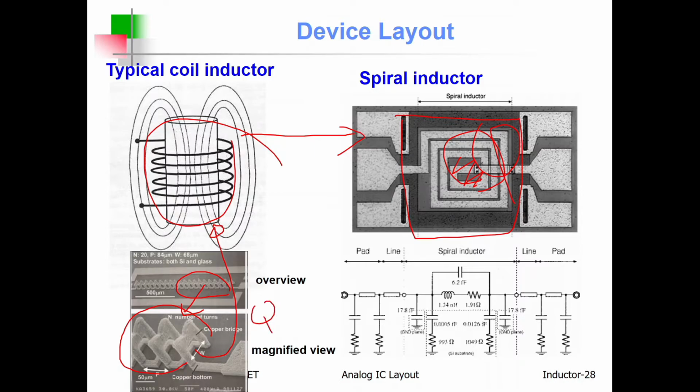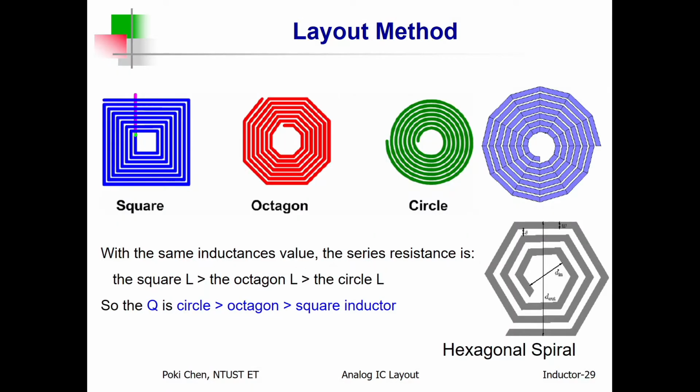Usually the Q factor for this will be much better than that. But again, nothing is free. If you would like to have such kind of three-dimensional inductor on chip, usually you need to get help from MEMS. That means you need to pay for it. You need to pay for the fabrication cost for MEMS.